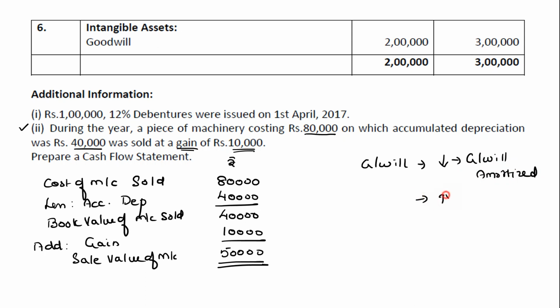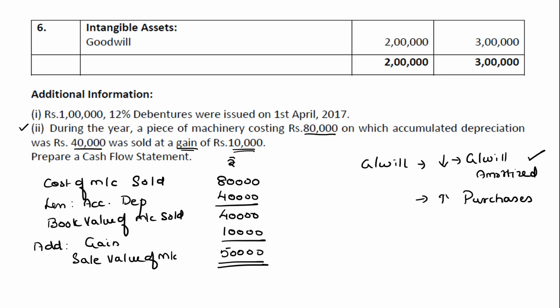But if the goodwill value had increased from 3 lakh to maybe 5 lakh, then that 2 lakh increase would have been represented by purchases. That would have led to an outflow in investing activity. But here there has been a decrease, and the decrease is represented by what? Goodwill being amortized during the year. So where does goodwill amortization come?